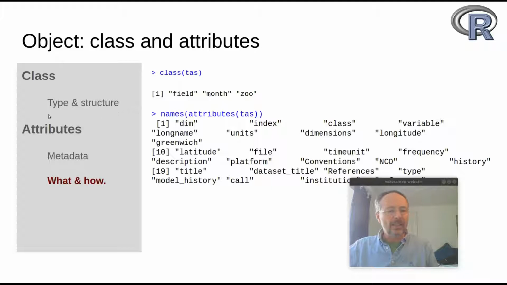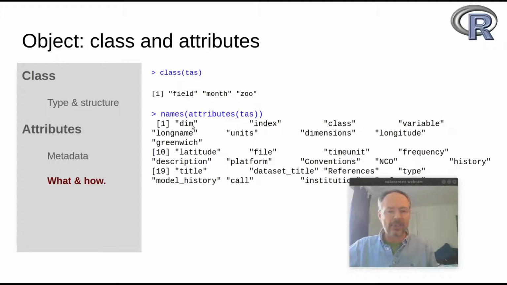And then we have the attributes, which are on top of that. And the attributes contain the metadata. And the question then is, what type of information should be included and how should it be organized? And here is one example. I just show the names of the attributes of tas here.